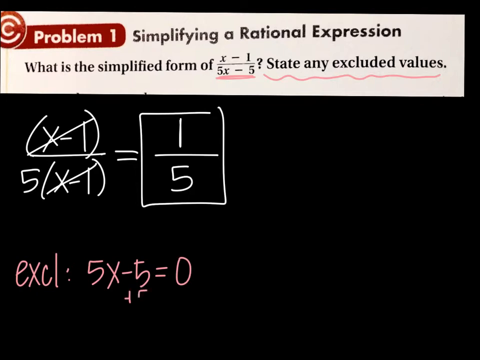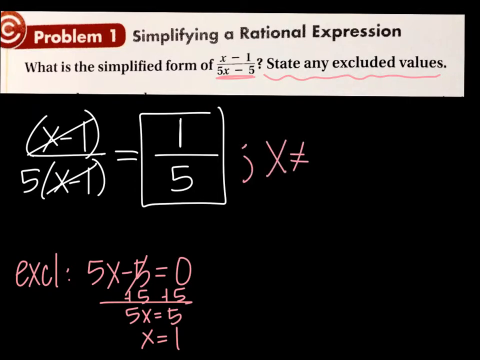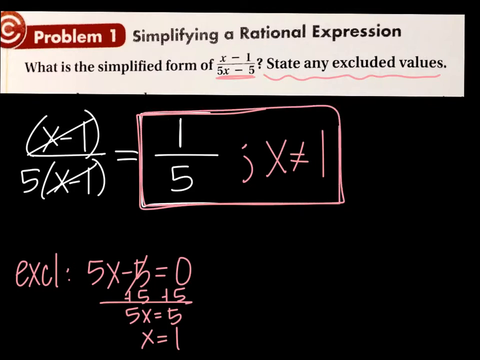So you're just going to solve this little equation. I get 5x equals 5, which means x is 1. When x is 1, the denominator is 0. So my answer is 1/5, x cannot be 1. That's my whole answer: my simplified rational expression and the excluded value.